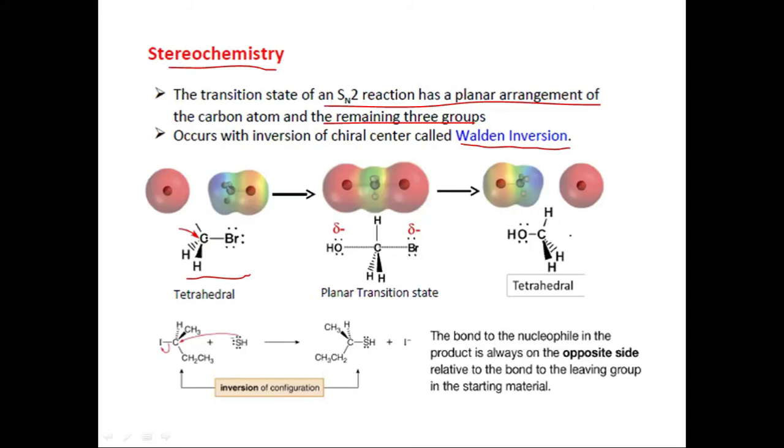In this case, the carbon has CH, H, and CH2. This will act as a nucleophile, and the nucleophile prefers to attack the carbon, which is in tetrahedral geometry.